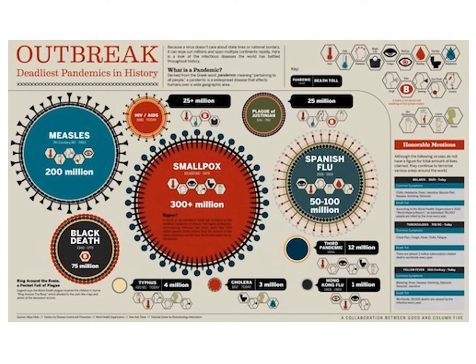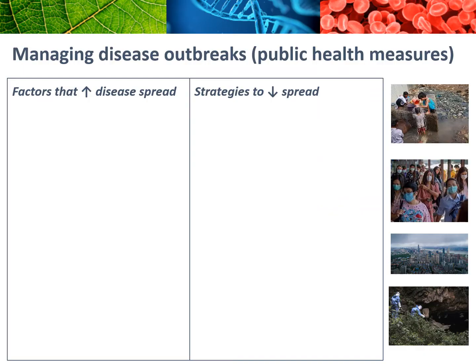You don't need to know any examples of specific epidemic or pandemic outbreaks, but it is worth noting that these things are not new. These have happened throughout human history at fairly regular intervals, and a lot of them have been very, very devastating in terms of the numbers of people that have died.